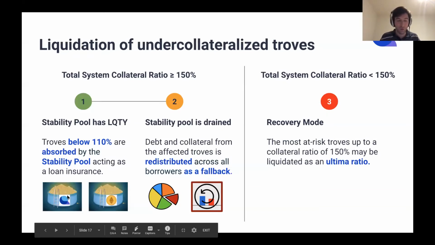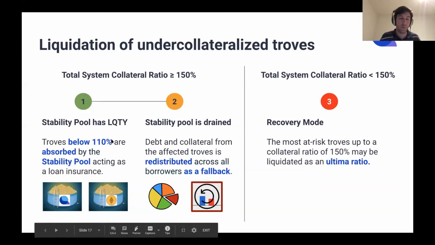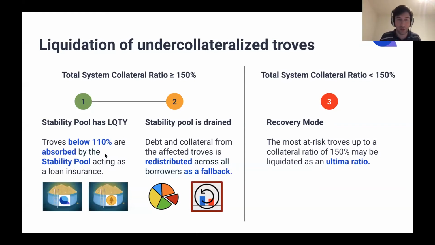You lose some of your LUSD tokens, but you gain some ETH. And due to the fact that we are liquidating slightly below 110%, there should be a net gain for you, because you lose basically 100%, but you gain something a little bit less than 110%, maybe 108 or 109%, depending on the speed of the oracle.